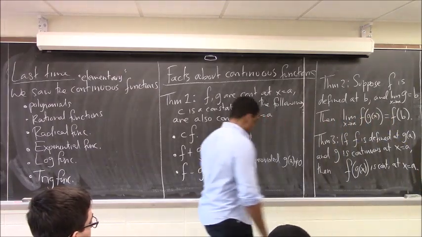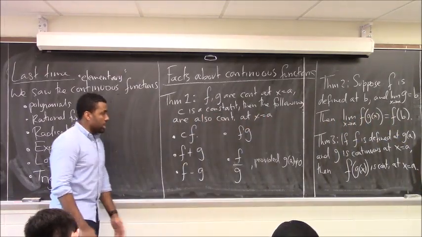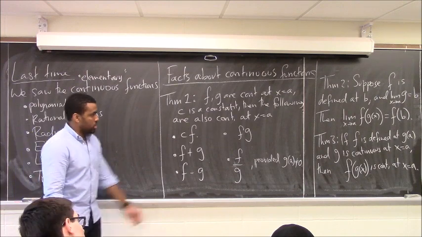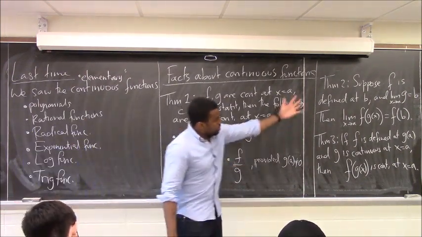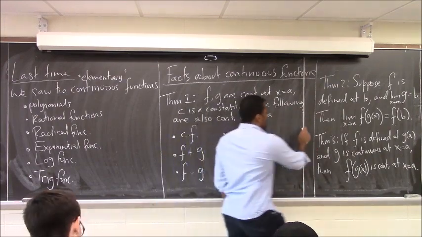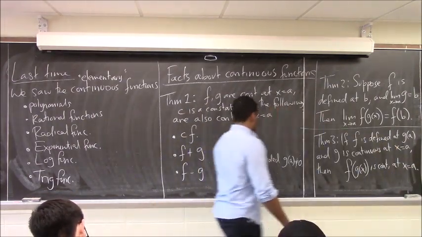So these are just some theorems about continuous functions, how they relate to scalar multiplication, regular multiplication, addition, subtraction, and division. And this is how they would relate to composition. So these theorems are very important.